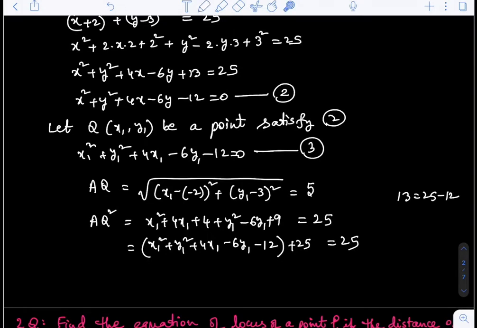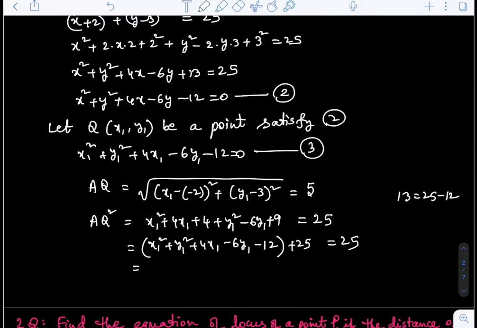Once again I will tell you what I did. Actually this is minus 12, so to get minus 12 as in equation 3, I am taking minus 12 here. But there is 13, 4 plus 9, how much? 13. 13 is rewritten as 25 minus 12. Minus 12 was kept inside the bracket, because this whole thing will become 0 now.